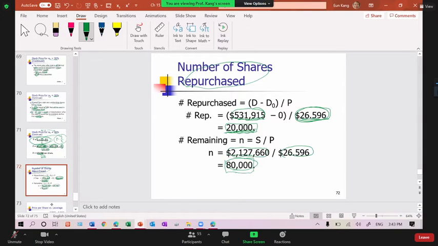This has to be the final answer. It's exact science, so whether you do it this way or 80% of 100,000, the answer has to be 80,000 shares.